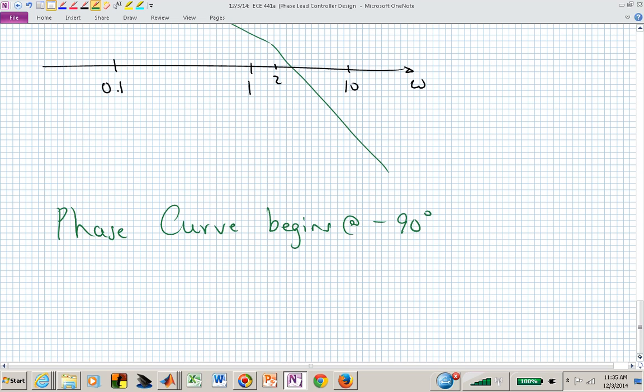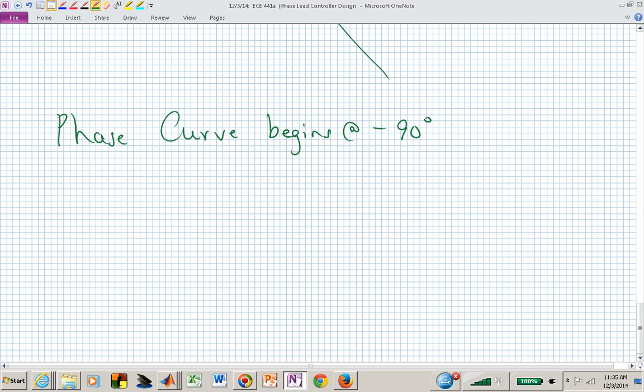So our break is at 2 for that pole factor, which means that we have a phase curve that begins at minus 90 degrees. It's going to decrease, or it's going to break down in slope. It breaks down at a frequency omega that's a decade before the pole itself. The pole was at 2.